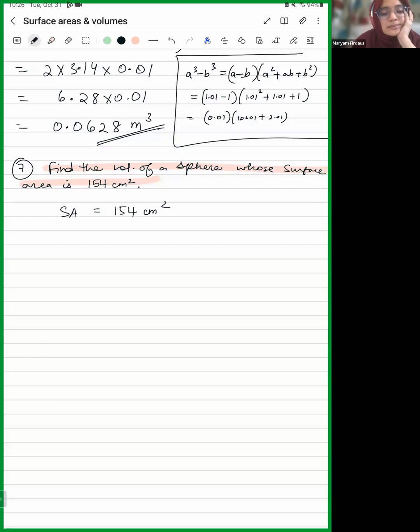Riaz, Zain, Munir. V is equal to 4 by 3 pi r cube. You're talking about the volume. I'm asking what is the formula for surface area of a sphere?